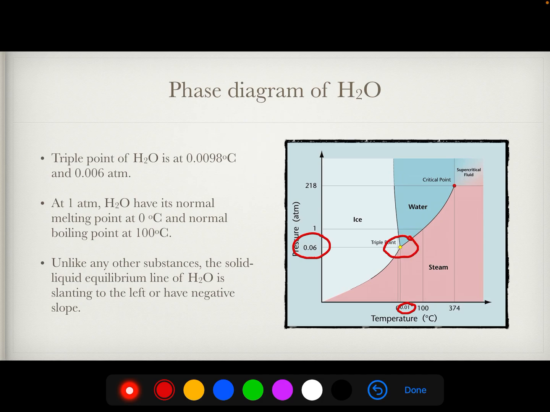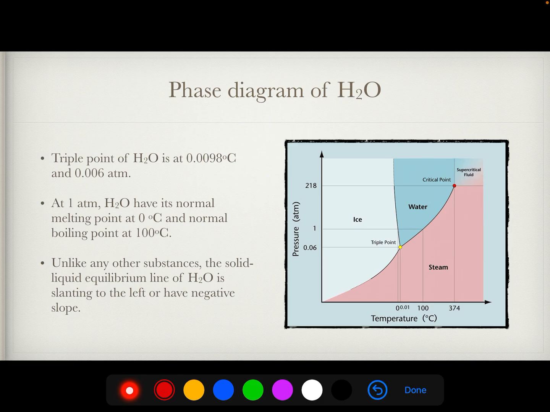What happens at 1 atm? You can see that water can exist in the form of ice or solid, liquid water, and also steam or water vapor. So at 1 atm, water has a normal melting point at 0 degrees C and a normal boiling point at 100 degrees C.